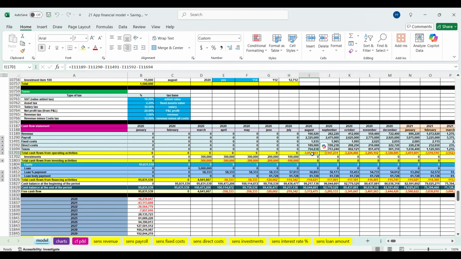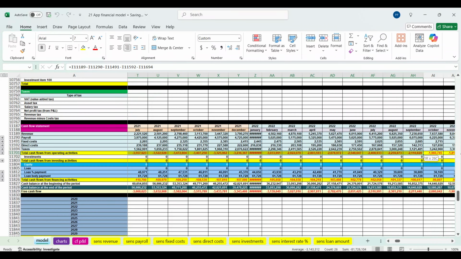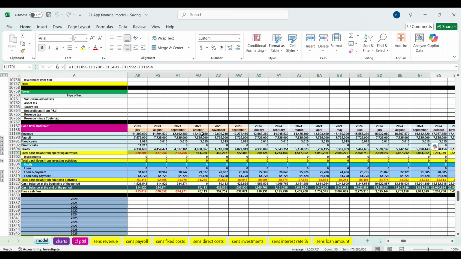So it shows us that here we have some operating losses, and then in October 2023 the project starts generating its own profit, so we don't need extra financing anymore.